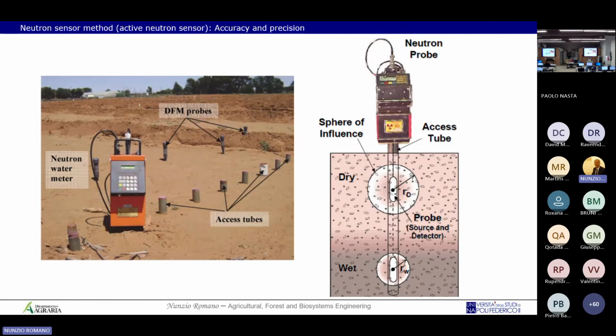So the measurement volume when the soil is wet is a sphere of about 15-20 centimeters. But when the soil becomes drier and drier, the measuring volume enlarges, because you need more collisions against the water molecules, and so the volume where you can obtain the average soil water content is enlarged.